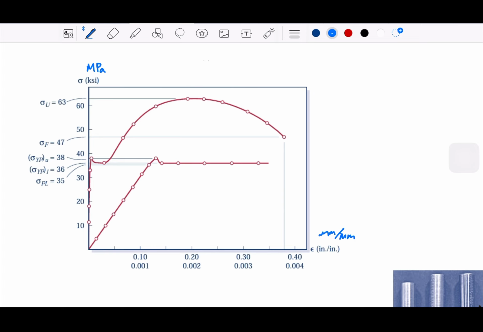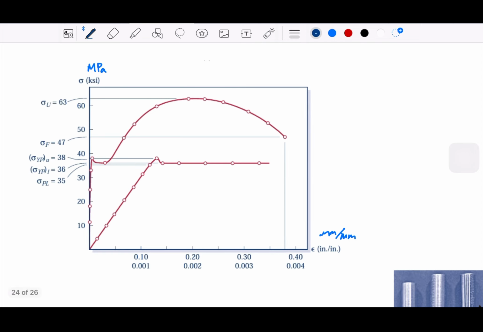So we have two scales. Let me write here, we have two scales. This is the elastic, and then this is the yielding.